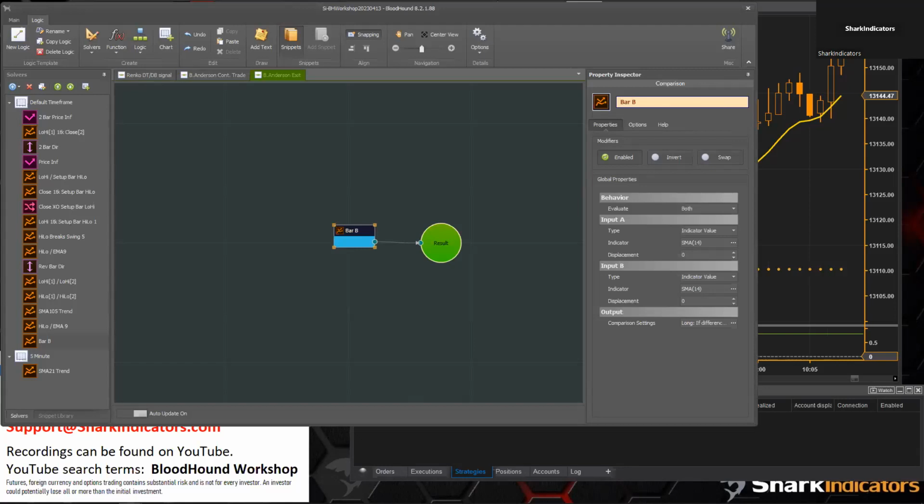So we're looking for the bar to be below for a long. If it was a long entry signal and the bar is below, then we want an exit signal. Or if it's a short trade signal, then if the bar is above the EMA9.